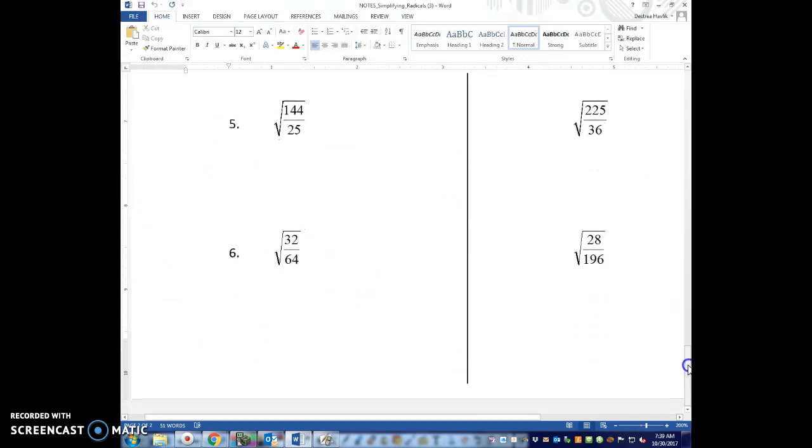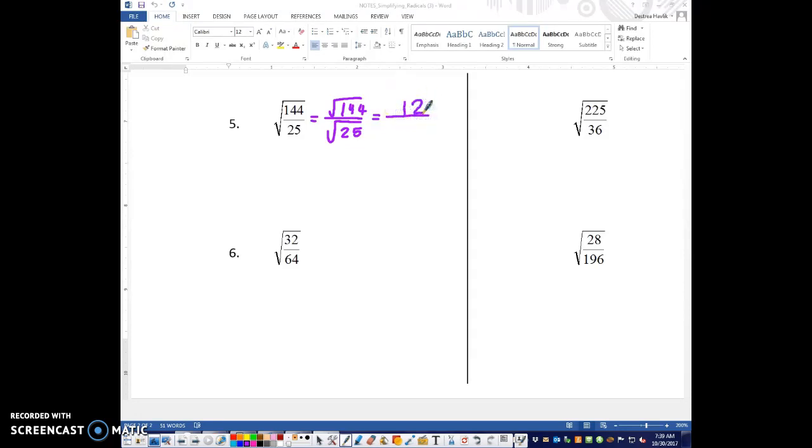So let's look at number 5. Now when you see ones like number 5, the square root of 144 over 25, that's the same thing as saying the square root of 144 over the square root of 25. So what is the square root of 144? 12.